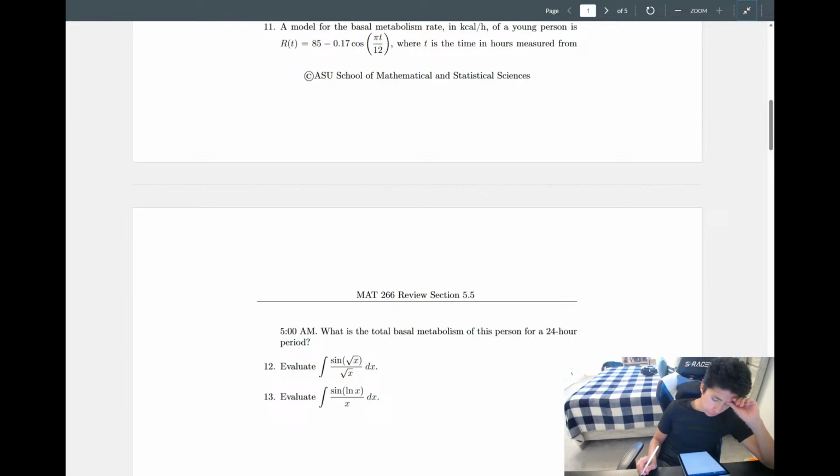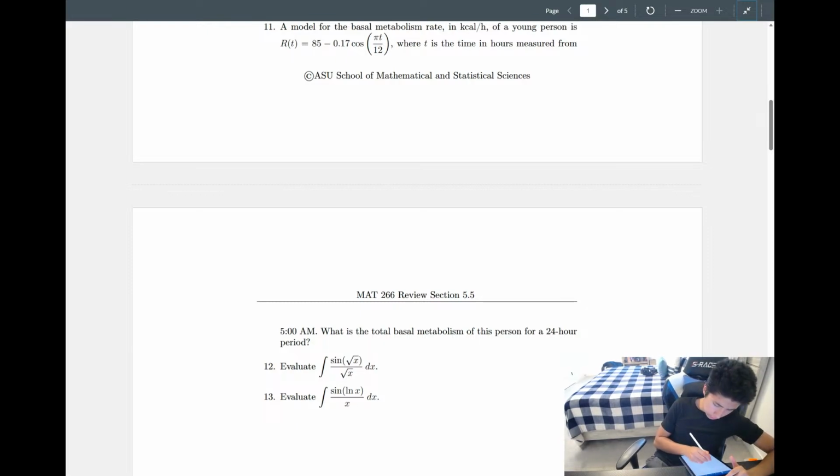What derivative do we see here? I don't think we see anything. To be honest, I feel like I can just take the integral without doing anything. What if I do 1 over 12? No. T over 12, I get 1 over 12. It doesn't work. So I don't think we need u substitution here.